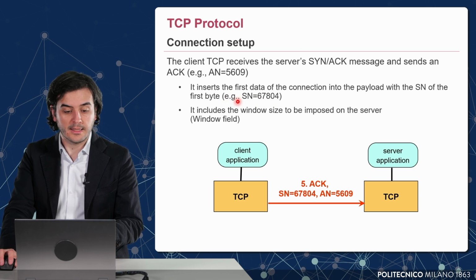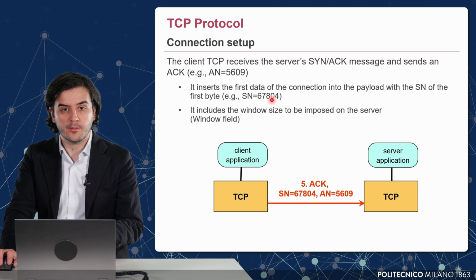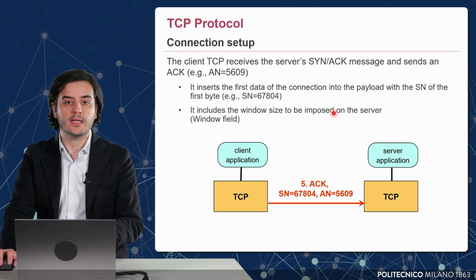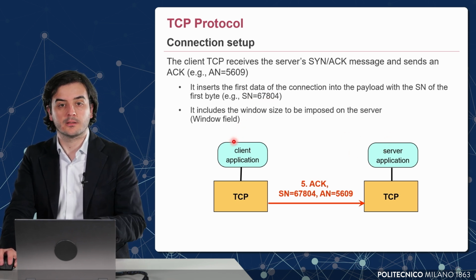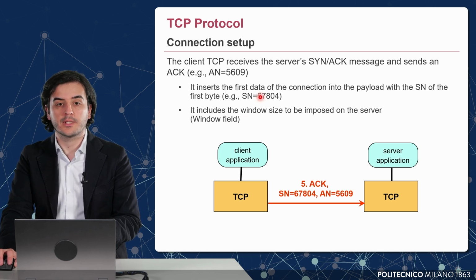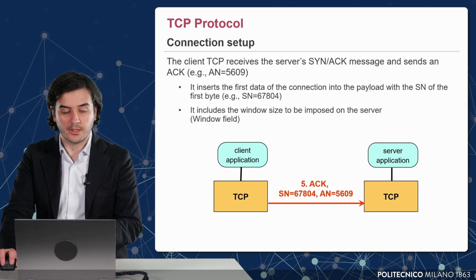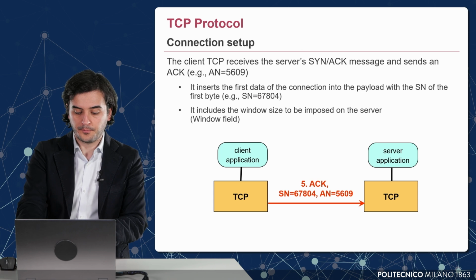In this case, the SN is 67804, which is the same as the one indicated previously by the server, saying that I expect that the next byte that you will send has this unique ID.